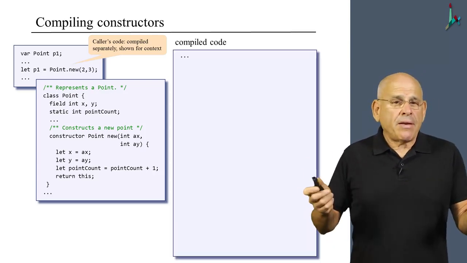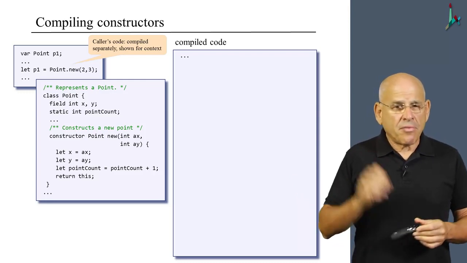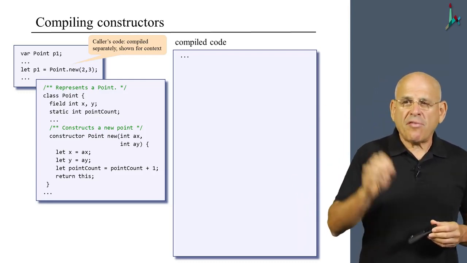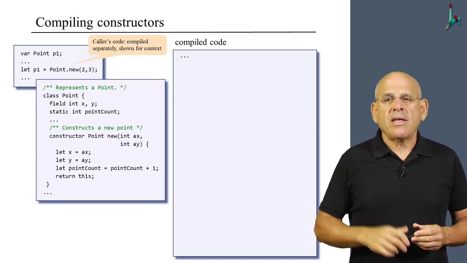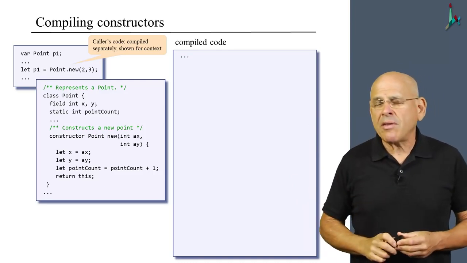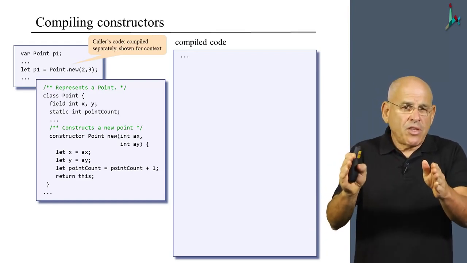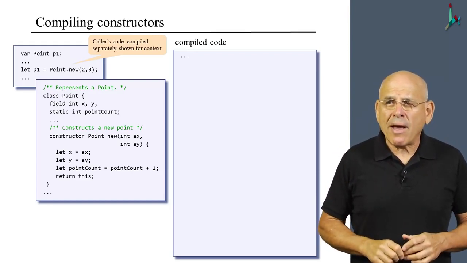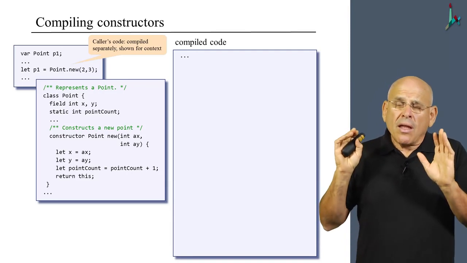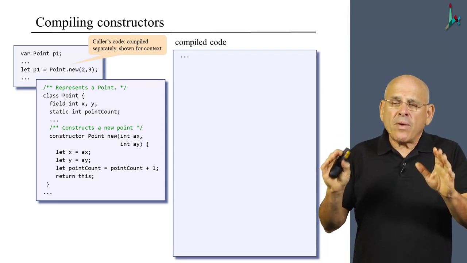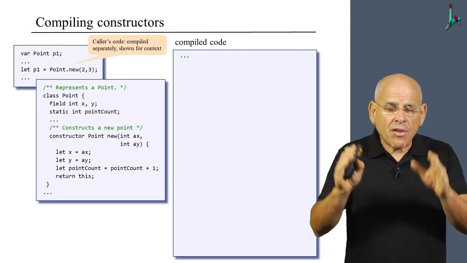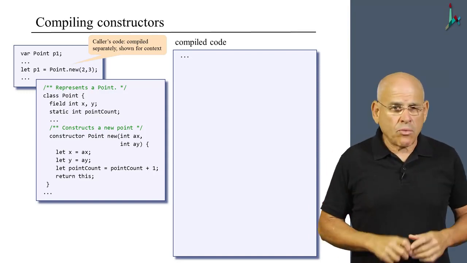Well, we begin by compiling the three statements: class Point, field int x, y, static int pointCount. This is not really the subject of this unit, because in this unit we are talking about compiling constructors only, but I will comment that when the compiler handles these three high-level commands, it generates no code whatsoever.